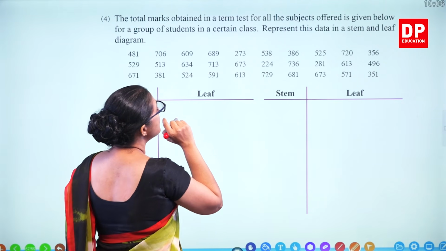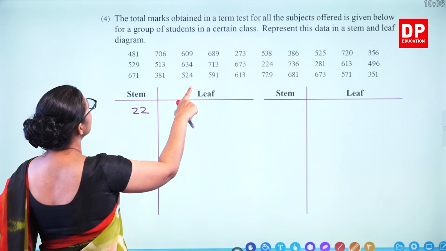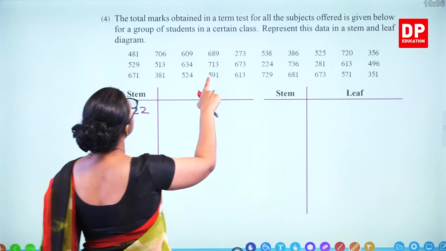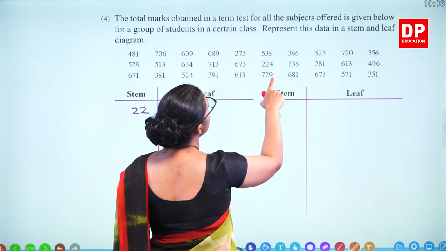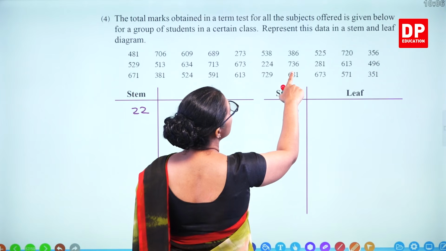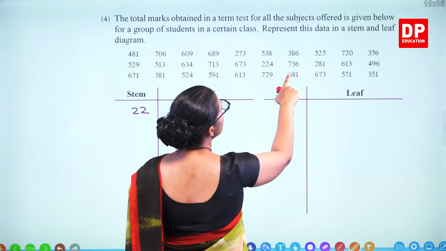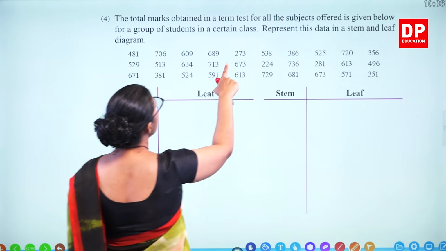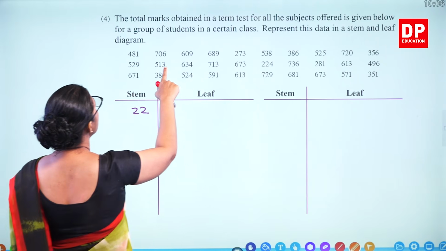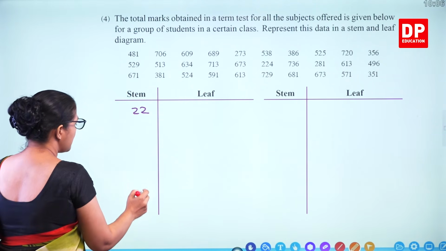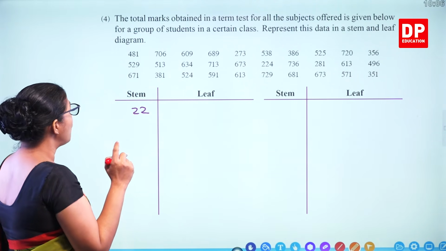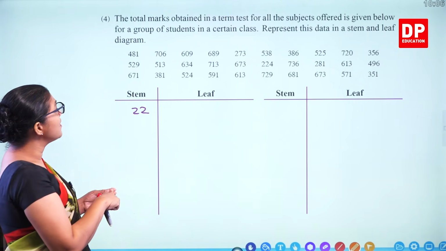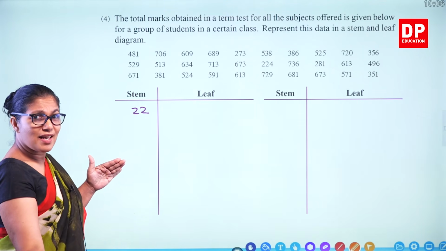Highest one is 73. 73 I can see. Yeah, 73. Now, if you are writing 22 to 73, how many numbers are there?